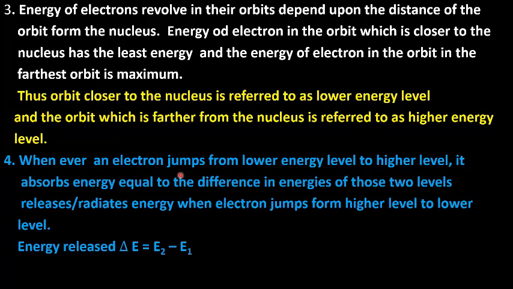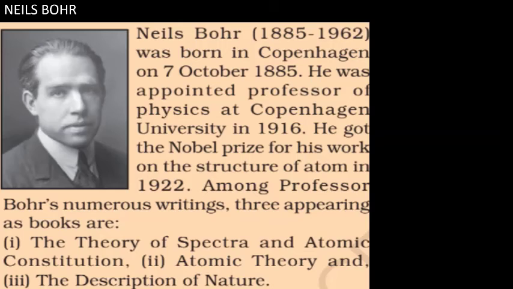Whenever an electron jumps from a lower energy level to a higher level, it absorbs energy equal to the difference in energies of those two levels. It releases or radiates energy when an electron jumps from higher level to lower level. Therefore, the energy absorbed or released is given by delta E equal to E2 minus E1, where E2 is the energy of the higher level, whereas E1 is the energy of the lower level.